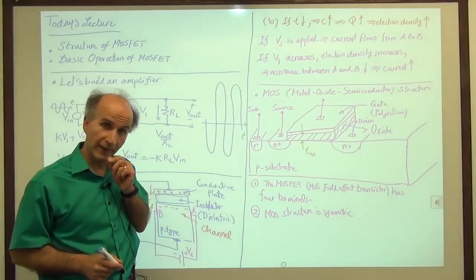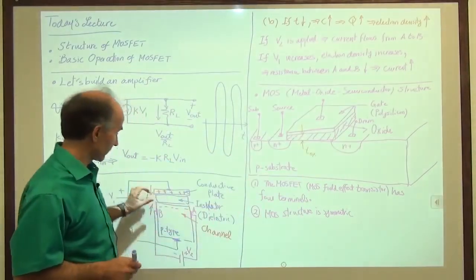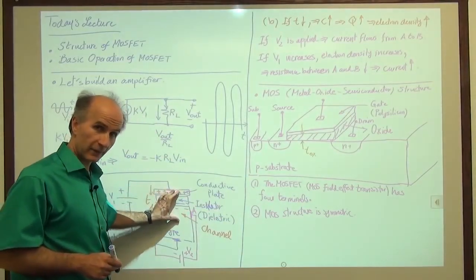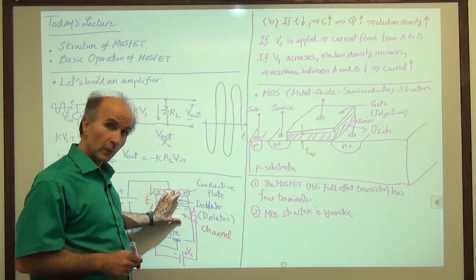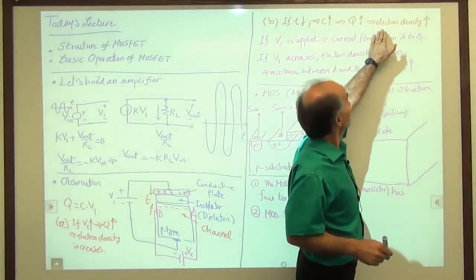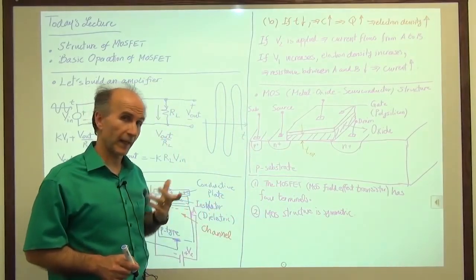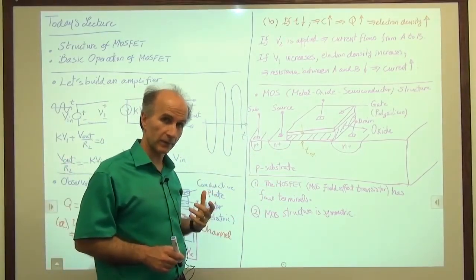Now what we said was, if T ox becomes smaller, if it becomes thinner, because the capacitance of the structure goes up, we have a greater electron density for a given voltage. And that's a very useful property that we have here.